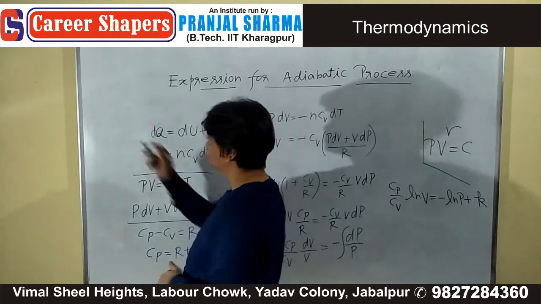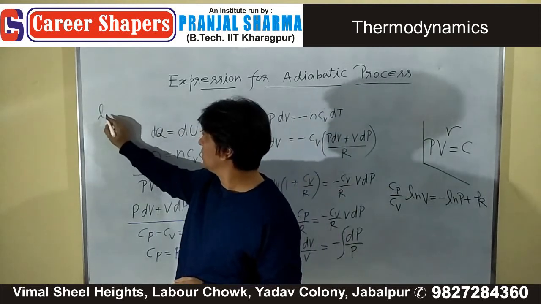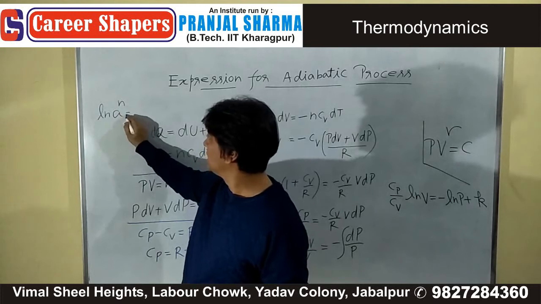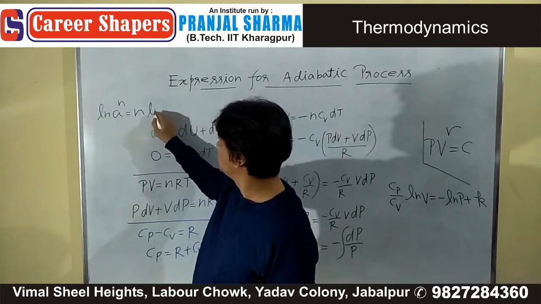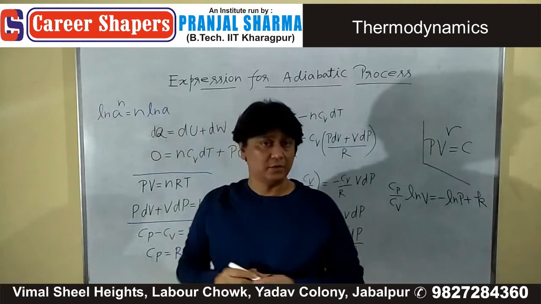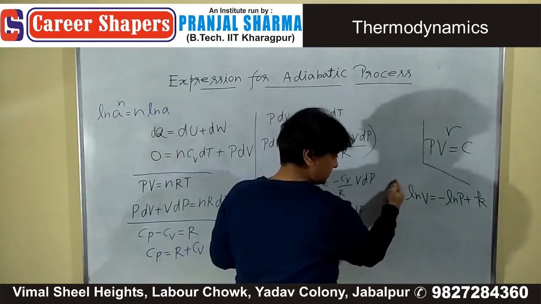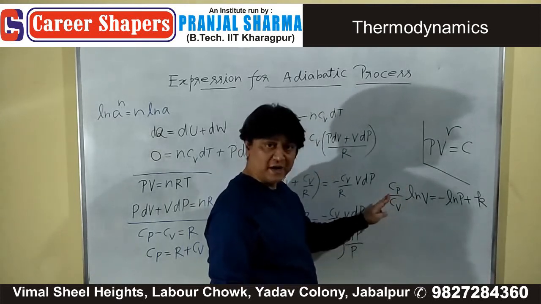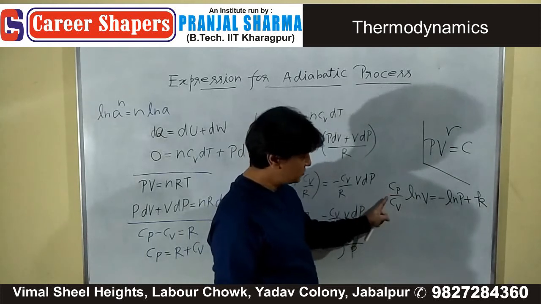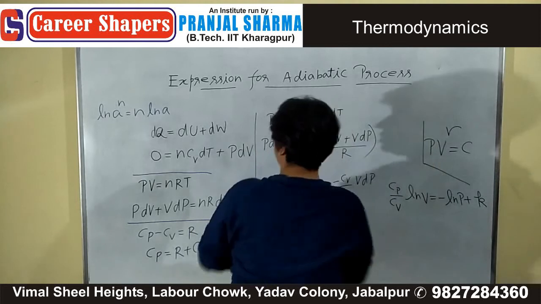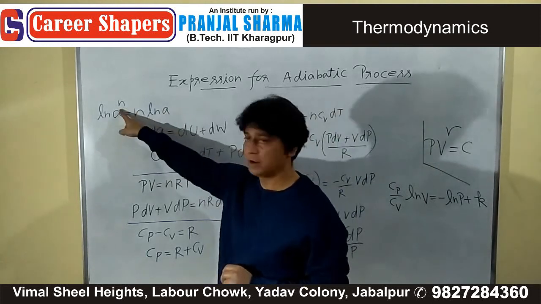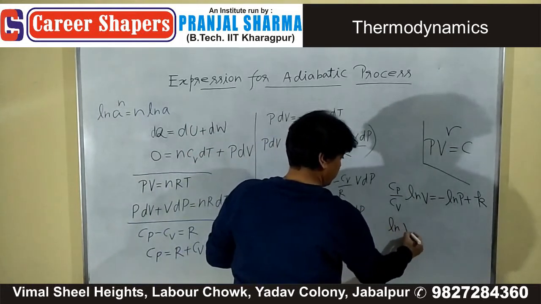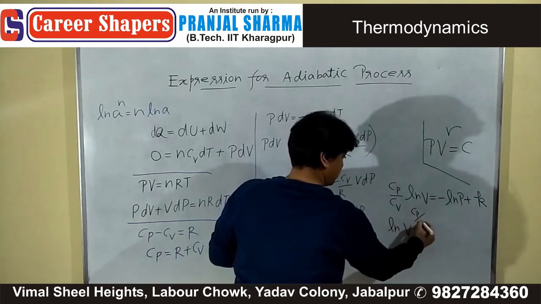One of the important properties of log is log A to the power n becomes n times log A. And therefore, you can consider the Cp upon Cv as a power, which right now is in the form of a coefficient, but you can always move this coefficient as the power of V. And therefore, this left side is log V to the power of Cp upon Cv.